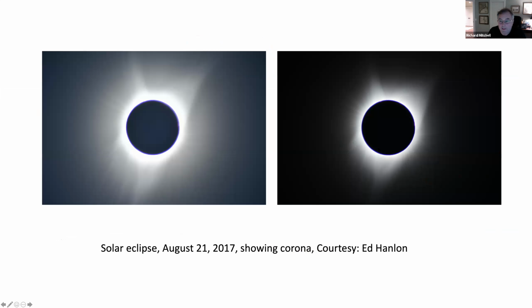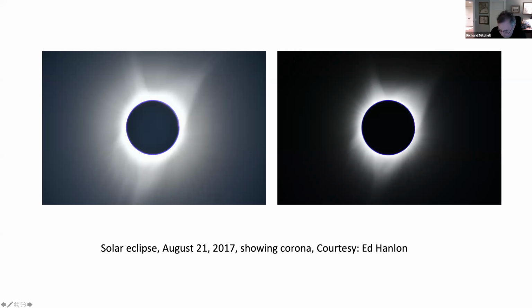these are a couple of images taken by Ed Hanlon of the solar eclipse in August 2017. With the sun covered up, you can really see the corona ejecting particles in all directions at all times.